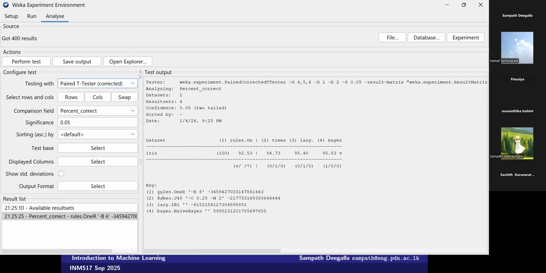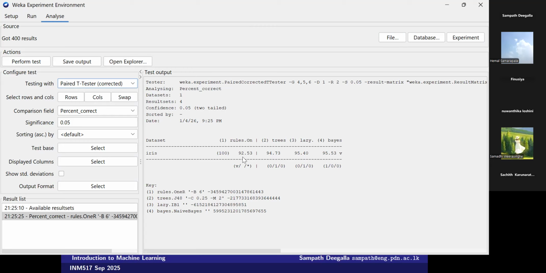The first one we have selected is the 1R algorithm, and 1R accuracy is compared with the others to see whether there's a significant difference between the accuracies.